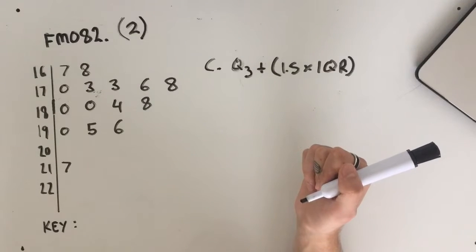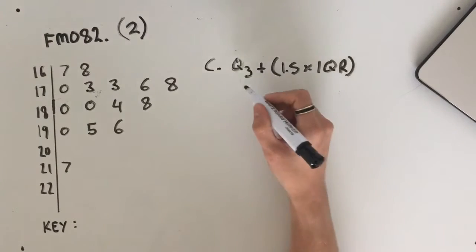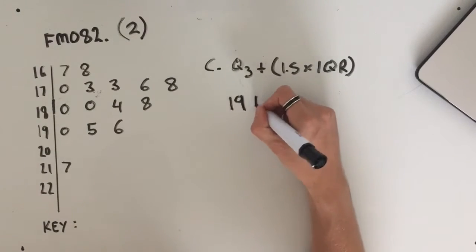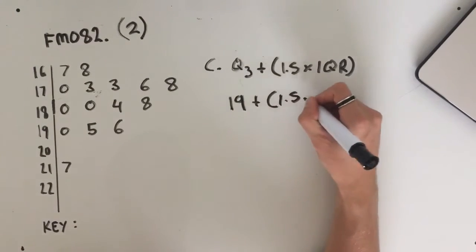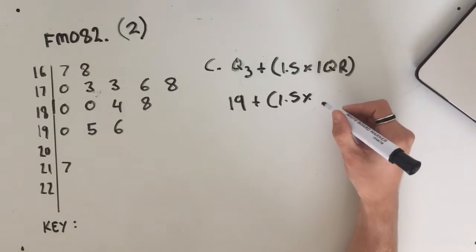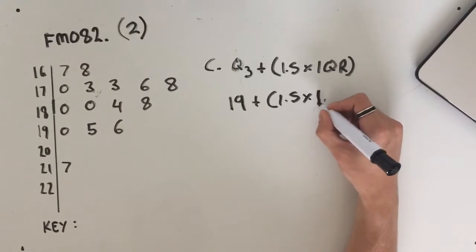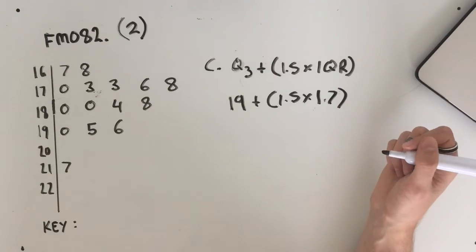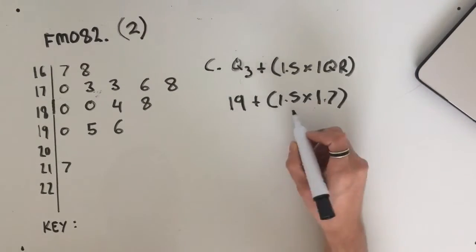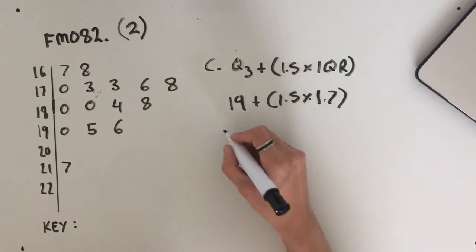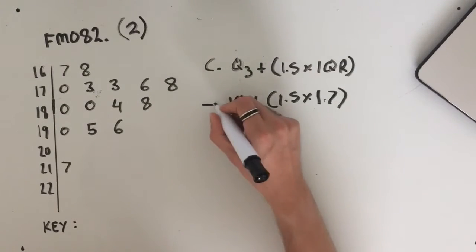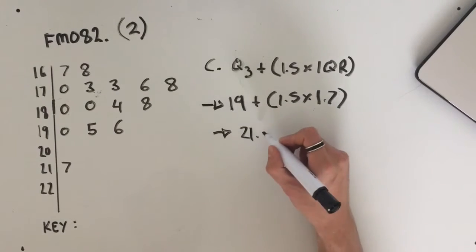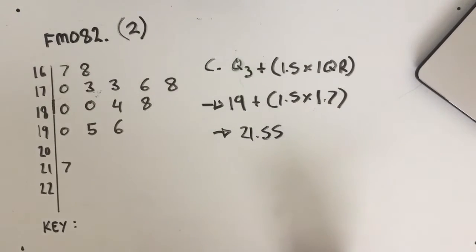So Q3, if I remember correctly, was equal to 19, plus 1.5 times our IQR, which, as you remember from part B, is 1.7. If we calculate all of that out, 19 plus 1.5 times 1.7, we should end up with a value of 21.55.